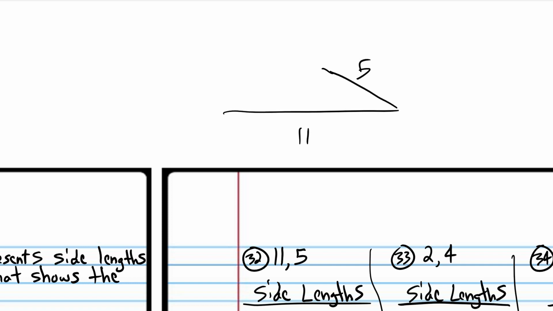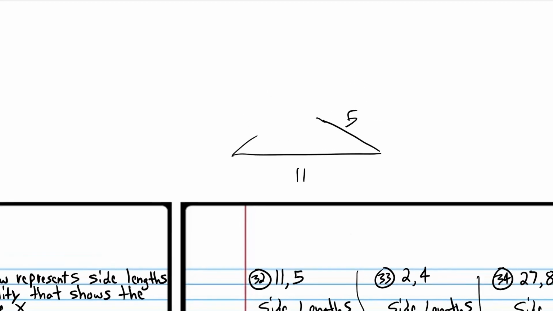If you rotate these sides down as far as they can go, they're not going to touch. And if you rotate them up, they're still not going to touch. This side has to be big enough to connect to 5. At the same time, if you make this side too big, then it's not going to connect either. If you make it this size, it doesn't matter what you do.